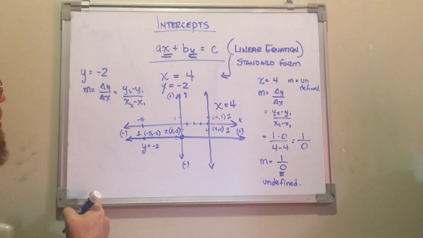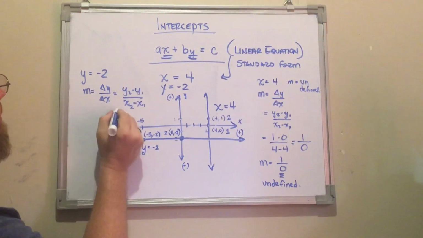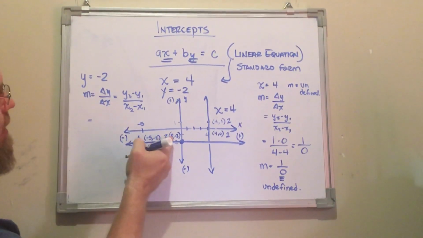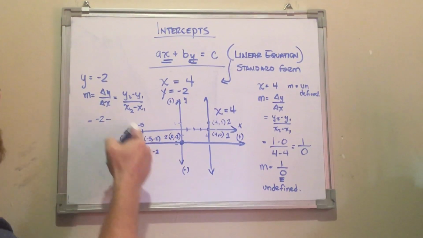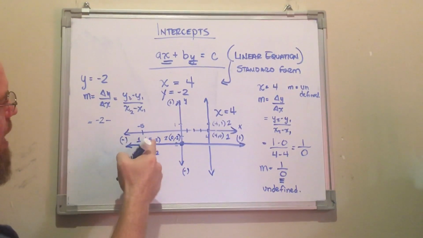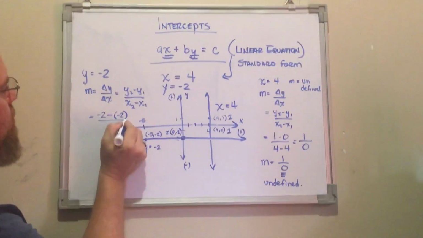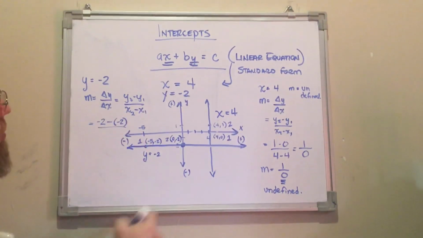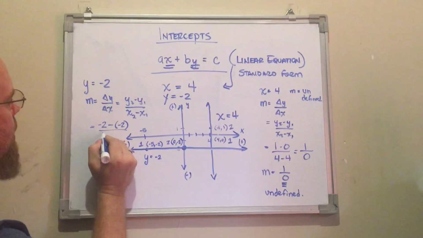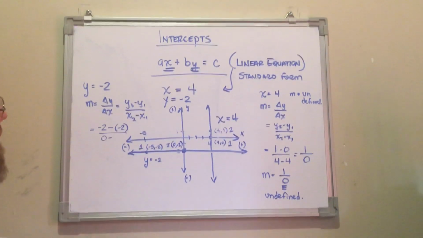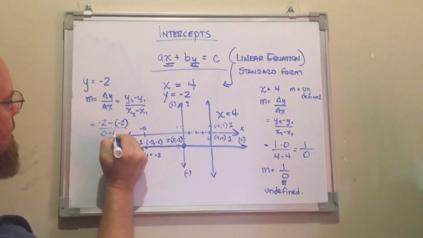What is y2? Well, we looked at point 2 and the value of y. So that is going to be negative 2 minus y1. Well, point 1, the y value is negative 2. And that's all over x2. So x2, point 2, the x value is 0, minus, what's x1? Well, point 1, the x value, which is negative 5.